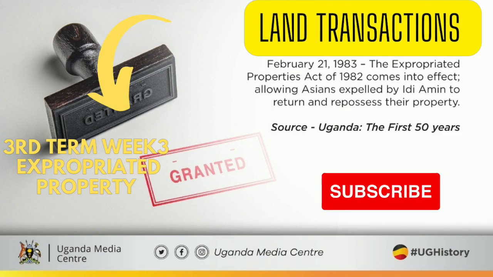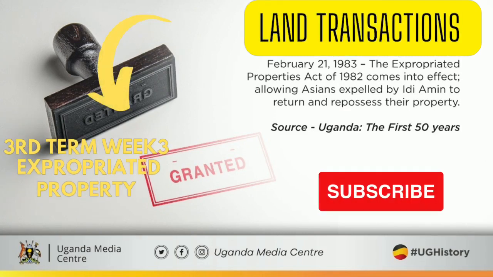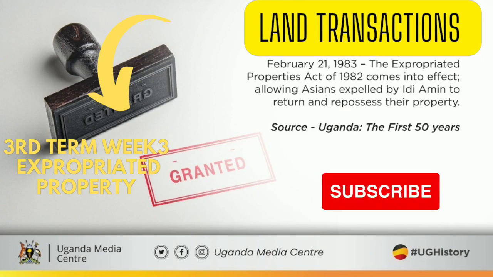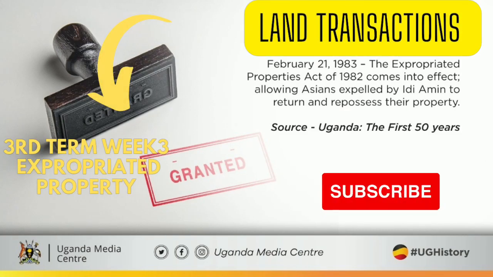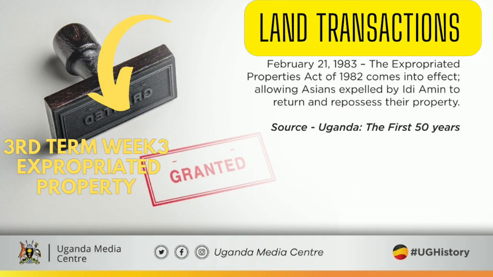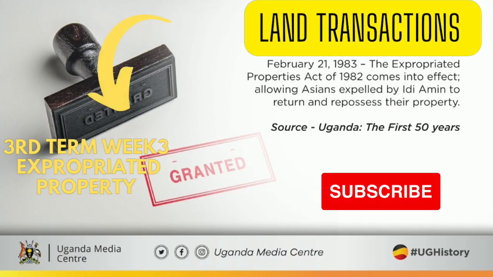Then for workshop one, we are going to deal with expropriated property as we earlier on did it. Under this, we shall first ask ourselves what amounts to expropriated property? What is the procedure of dealing with expropriated property? Then, which entities manage expropriated property? How is expropriated property managed and dealt with? How do we access expropriated property?